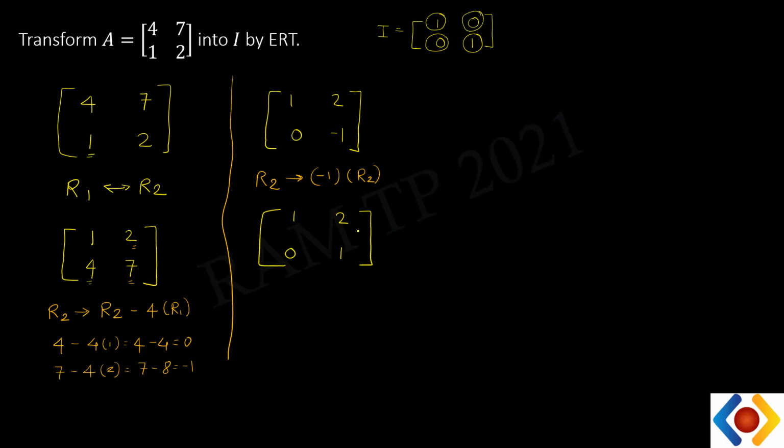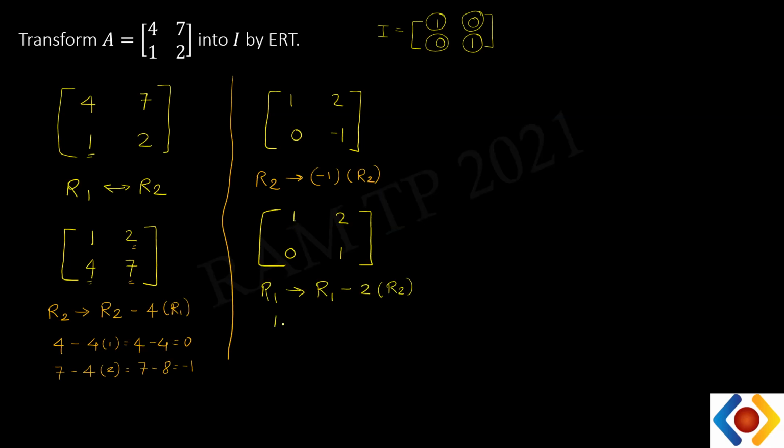The last step, I want to make this 0. So we can write R1 equal to R1 minus 2 into R2. But remember, you are changing which element? An element from row 1. So you should always write R1 equal to R1 minus 2 times R2. Very good, right? Okay, let's write down.